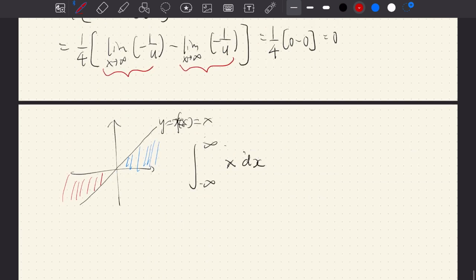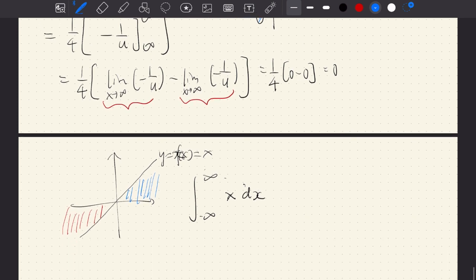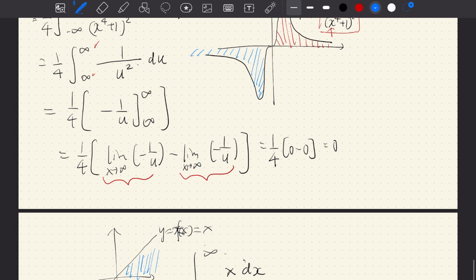That means that these areas do not go to infinity. After you have checked that these limits do not go to infinity, then yes, for an odd function, this improper integral, when you integrate from negative infinity to positive infinity, should be 0.